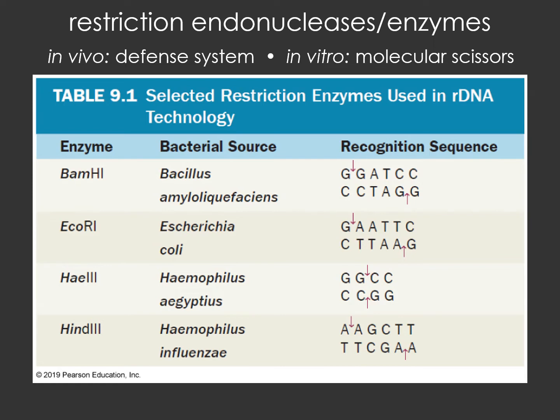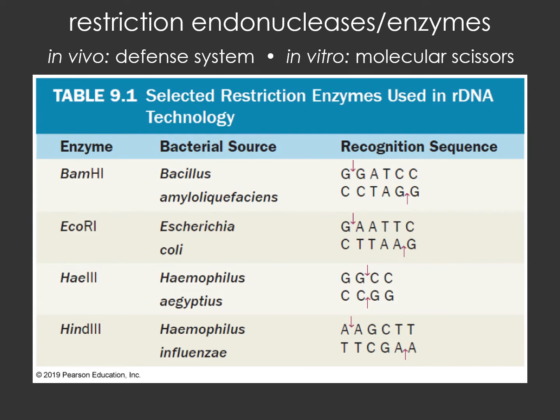And these restriction enzymes don't just cut DNA at any site. They actually have what they call a recognition sequence, which for EcoR1 is this palindromic sequence, GAATTC. And when EcoR1, the restriction enzyme, is allowed to digest DNA, it doesn't just go through and cut the piece of DNA inadvertently.